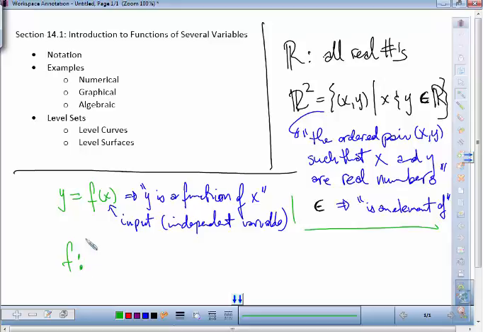So you've probably seen that notation, but this notation, you might have seen it, but probably is less used or less familiar.